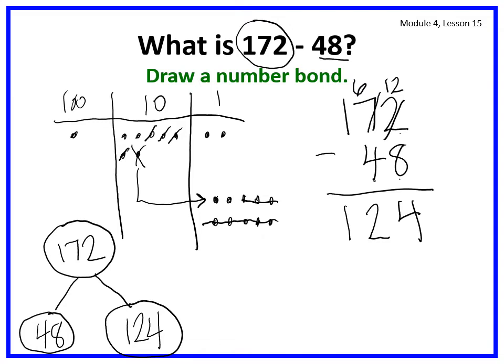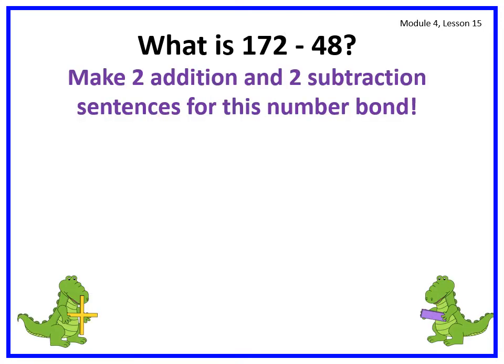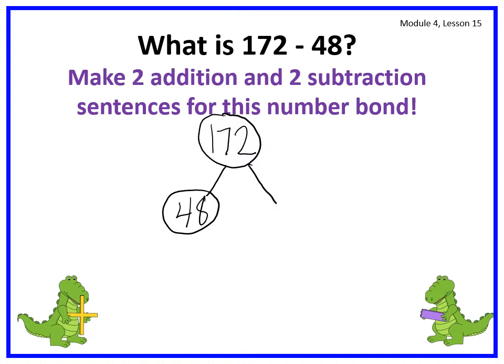Now we're going to take a look at that number bond and put that into addition and subtraction to see if those are true. So if I had 172 as my whole, and that's the number I started with to subtract, and then 48 was my part I knew, put in the missing add-in of 124.